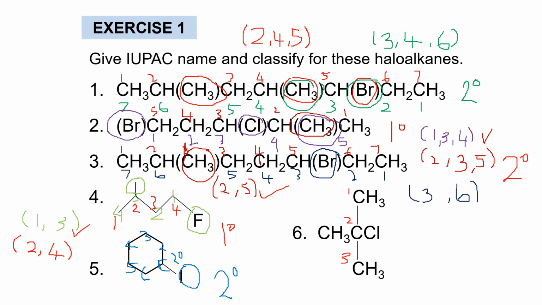On carbon number 2 you have 2 substituents, chloro and also methyl, so the name would be 2-chloro-2-methylpropane. This carbon is a tertiary carbon because it is bonded to 3 carbon atoms, so this class of haloalkane is tertiary haloalkane.